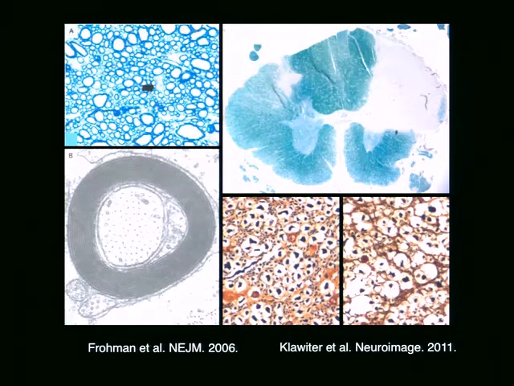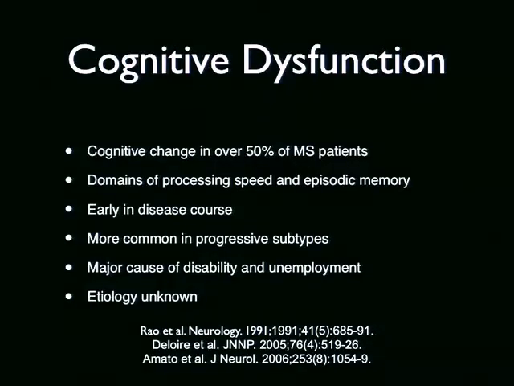As we can see, there's this area in the corticospinal tract of this MS patient where there's a loss of the Luxol fast blue stain, or the myelin. But in addition to demyelination, a very important component of pathology is axonal loss. That's illustrated in the lower Bielschowsky silver stain here, where we see relatively normal axonal density to the left, whereas there's axonal degeneration in a patient with MS to the right.